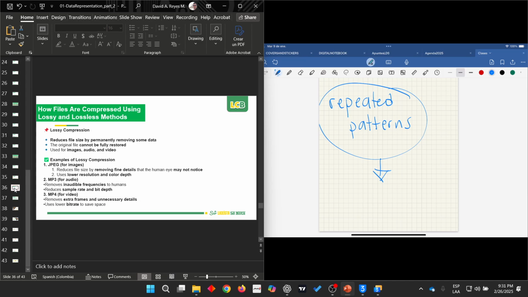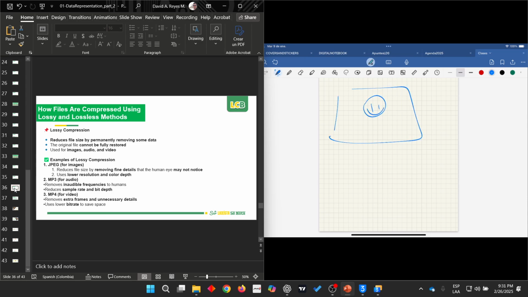Lossy compression reduces the file size by permanently removing some data. For example, you have your picture, and this is the original image. When you compress the file using lossy compression, you are going to have something like this. Let's suppose that this drawing loses half of the face and half of the body.